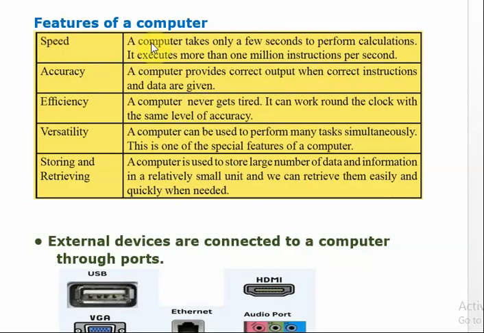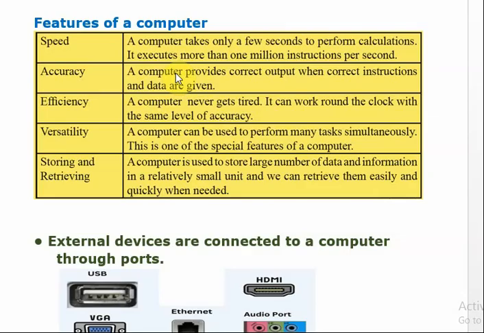We know the speed can work much faster than a human. Accuracy: it can work continuously without any errors, but sometimes humans make errors when the same process is repeated. But here, when the proper instruction is provided, even infinity times we can run without errors, we can maintain the accuracy.